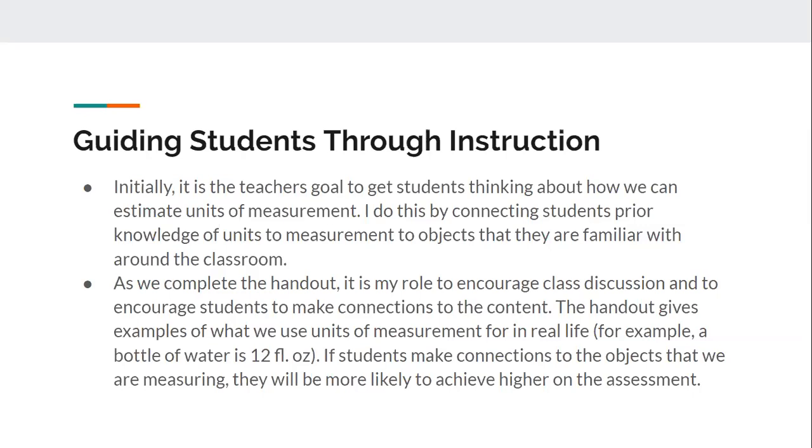And I do this by connecting students' prior knowledge of units of measurement to objects that they are familiar with around the classroom. So we're making connections here. They already have some prior knowledge of, okay, well, I know 1 foot is 12 inches.